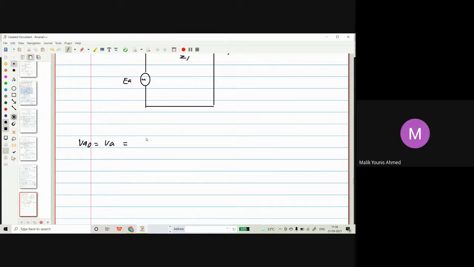VA can be written as, if we have to write the phase A voltage, this will be VA0 plus A square VA1 plus A VA2.